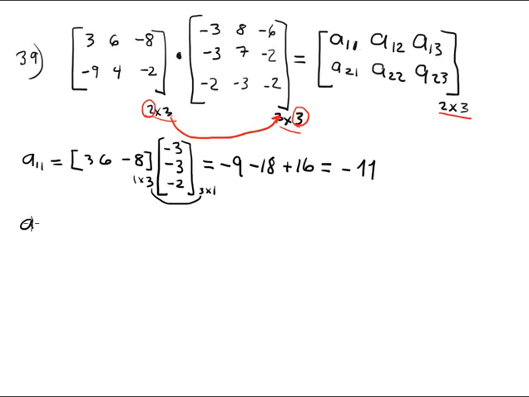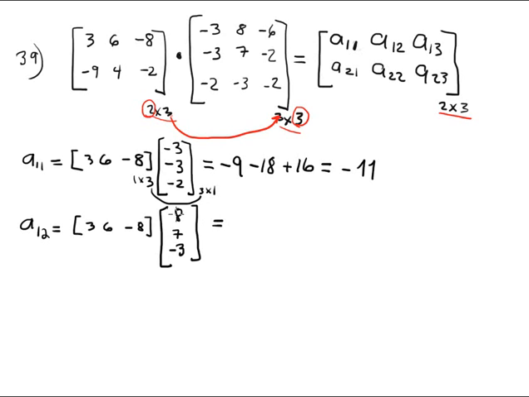Likewise, A12 is multiplication, again the first row of the first matrix times the second column of the second matrix: 8, 7 and negative 3.